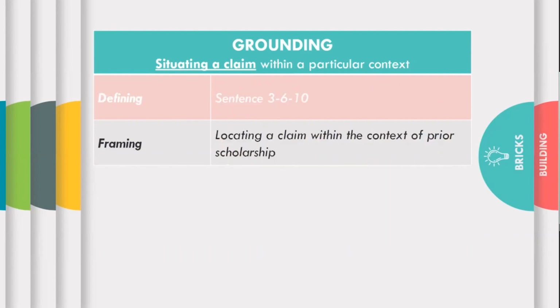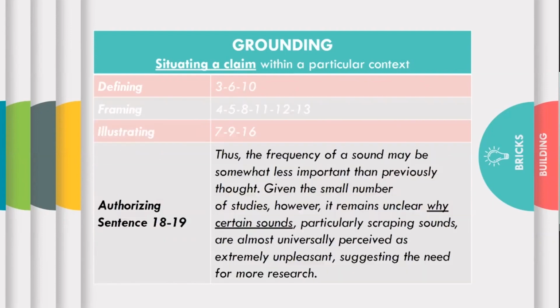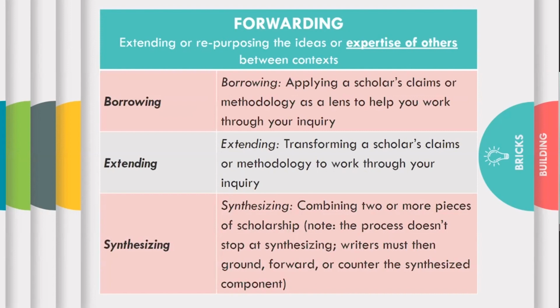For instance, now let's go from framing and grounding to forwarding. So when I said forwarding, we borrow, extend, and synthesize. When we talk about borrow, extend, and synthesize, can we leave grounding? We cannot. That is also included here. When we are borrowing and extending, we are doing our grounding also, right?